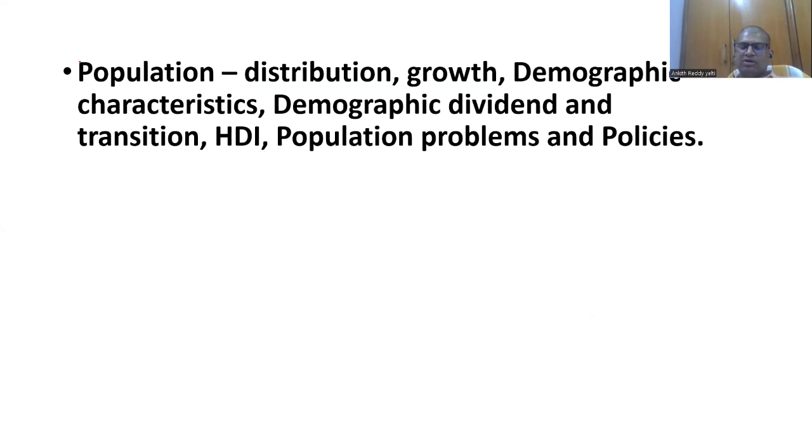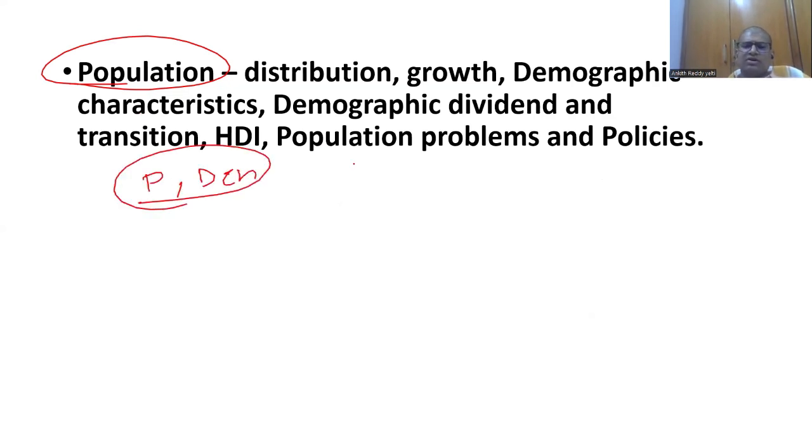Then moving on to the important topic: population distribution, growth, demographic characteristics, demographic dividend and transition, HDI, population problems and policies. See, once again, this topic is common between Indian geography and economy. First, population distribution in the country. You have to focus on the areas where there is high population density, and you should also look at aspects like sex ratio.